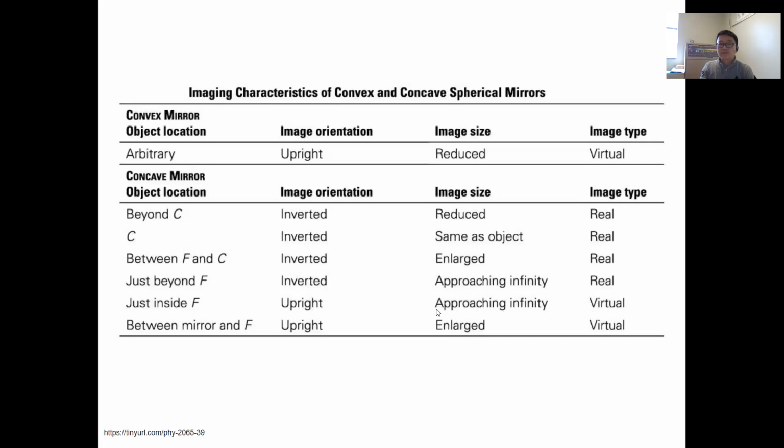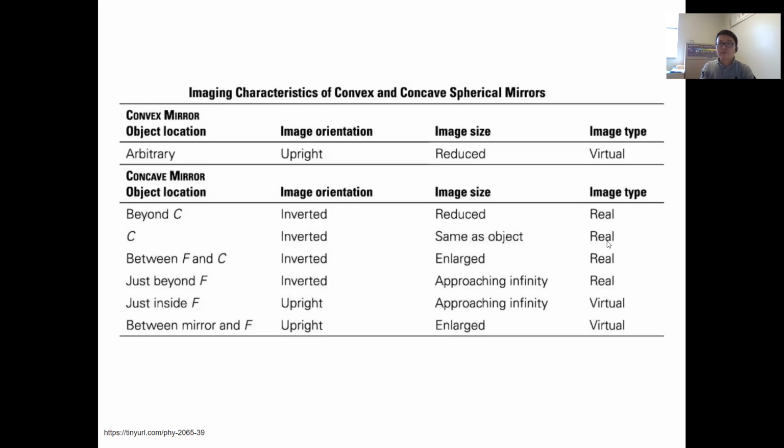Or between the mirror and the focal length, which is inside, so upright, enlarged, and virtual. And you guys can actually work on the geometry to find where exactly the image is if the object is sitting on the center of curvature, okay? So do the sketch and then compare to the conclusion from here.